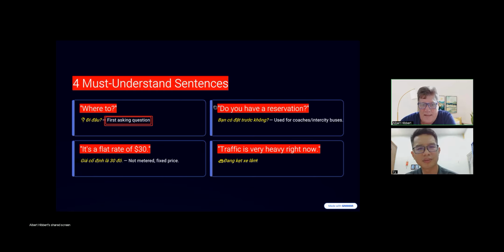The next one is used for buses, like intercity buses. They will ask you, do you have a reservation?